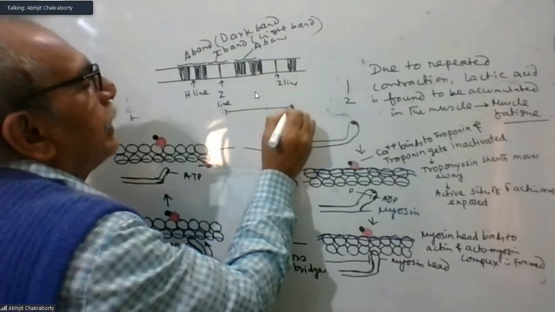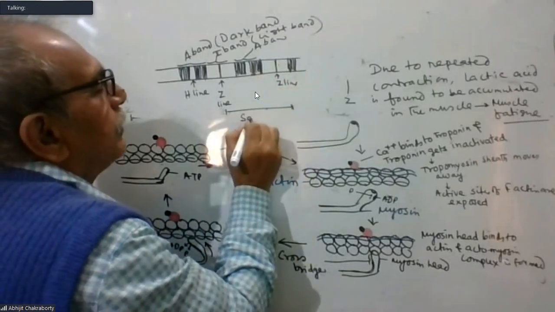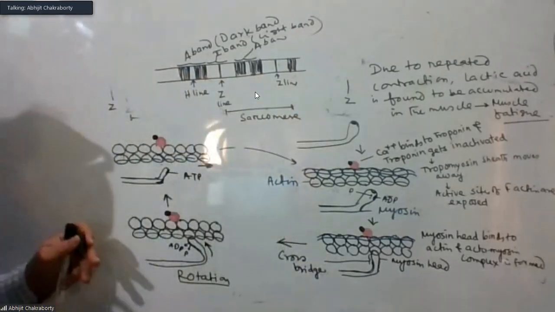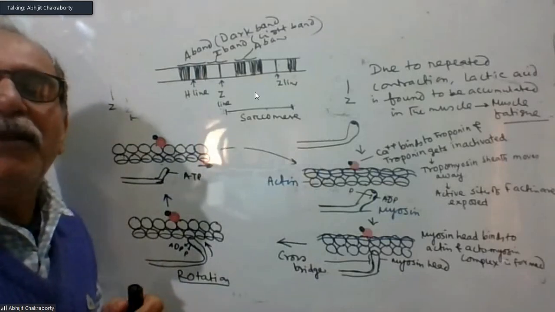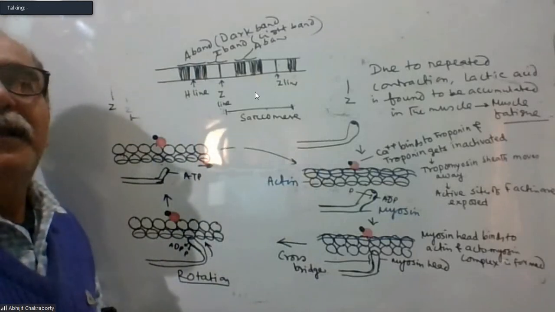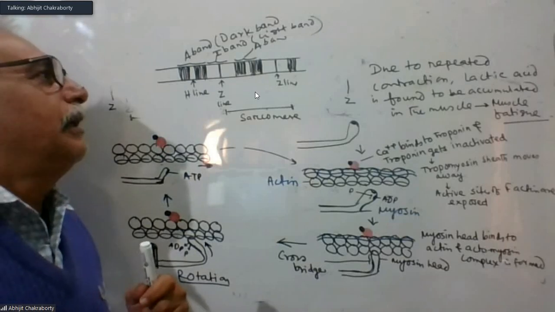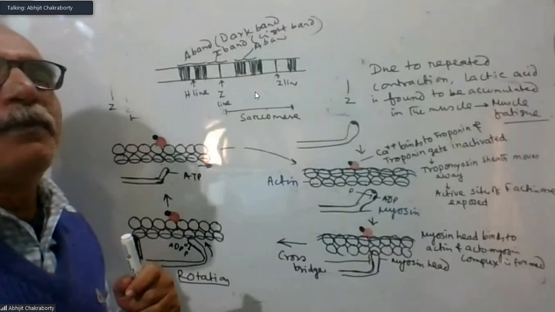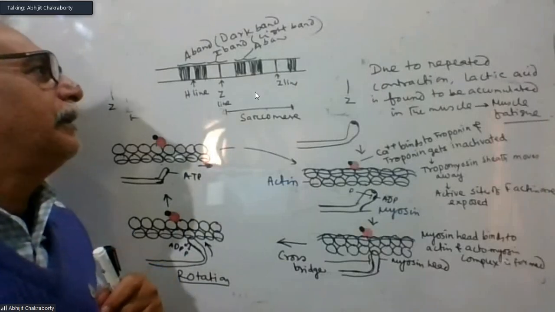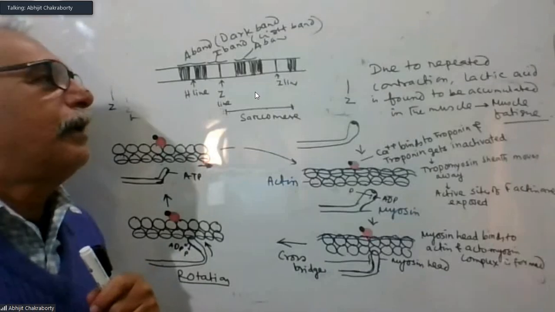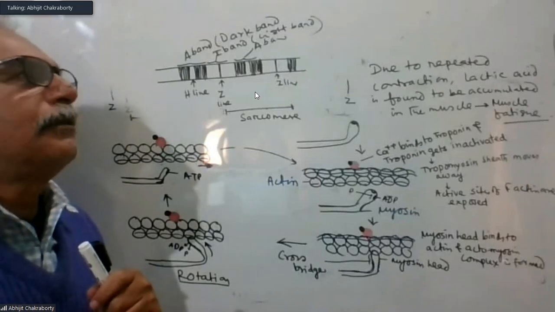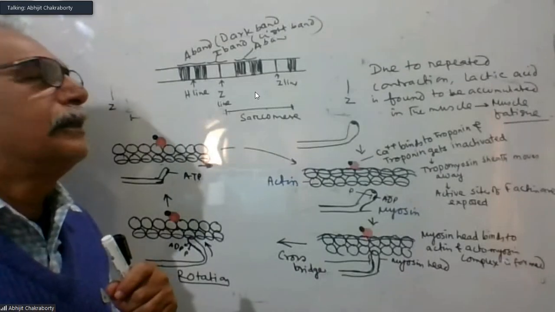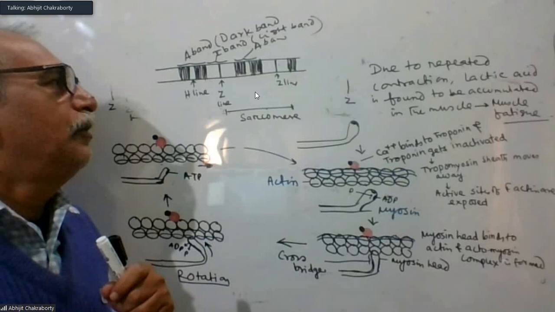The distance between two Z lines is called a sarcomere. A-band and I-band are alternately found in the myofibril of skeletal muscle. The A-band refers to the anisotropic band, or dark band, and the I-band refers to the isotropic band, or light band. In the center of the A-band there is a lighter line called the H line, and in the center of the I-band a darker line called the Z line.